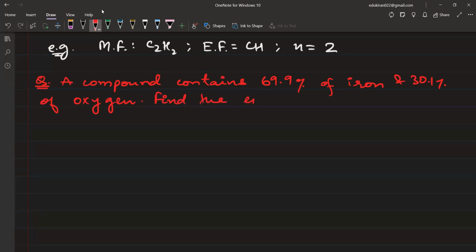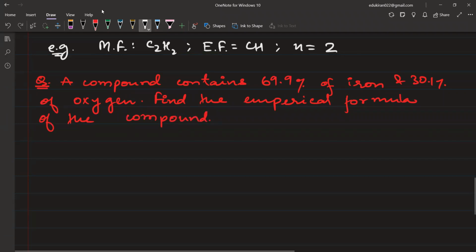Find the empirical formula of the compound.